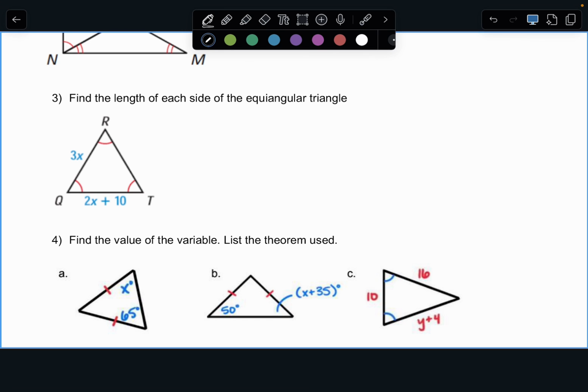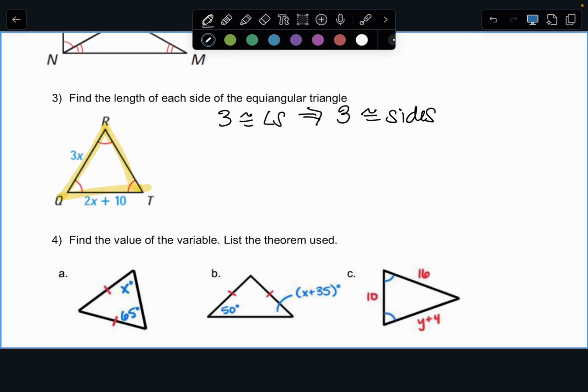This one. What do I know just like off the bat? What do these red symbols mean? Yeah. So how many congruent angles do I have? 3 congruent angles. So how many congruent sides? 3 congruent sides. So that means all of these sides are the same. So if 3x and 2x plus 10 are the same, what should I do with them?